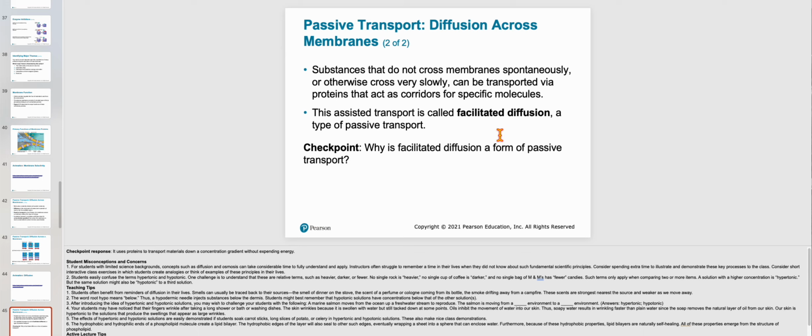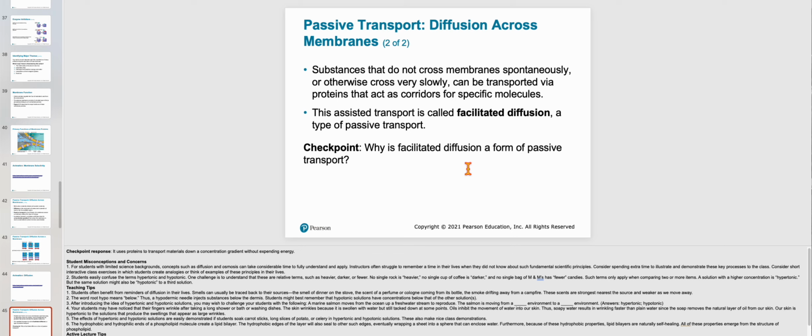So yes, you are a transporter, but it's passive. No energy is required. You're moving it from high concentration, where there are more sandbags, to the other side where there are fewer sandbags.